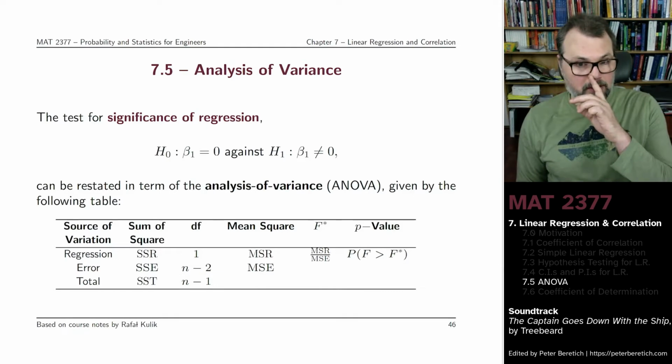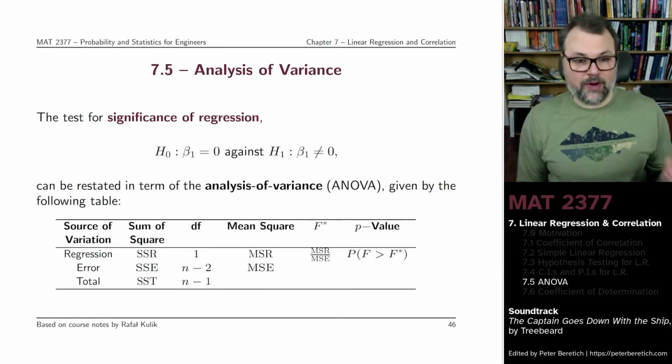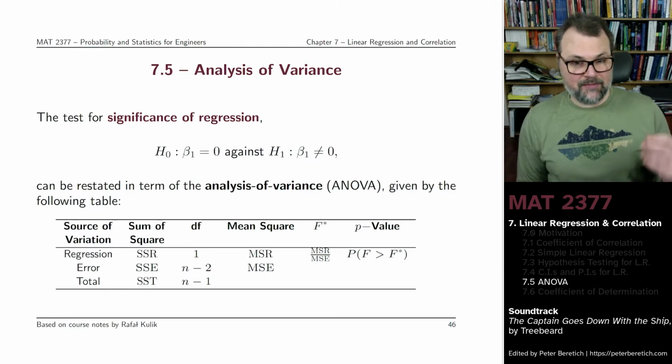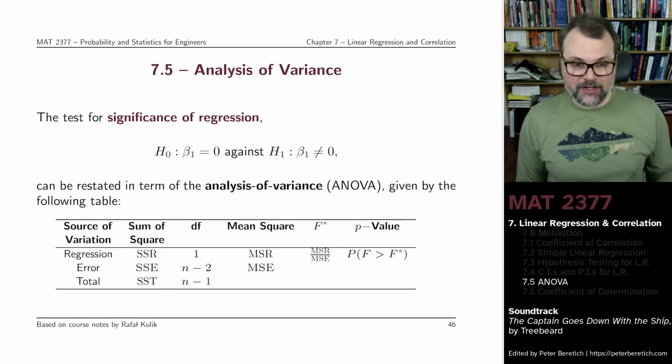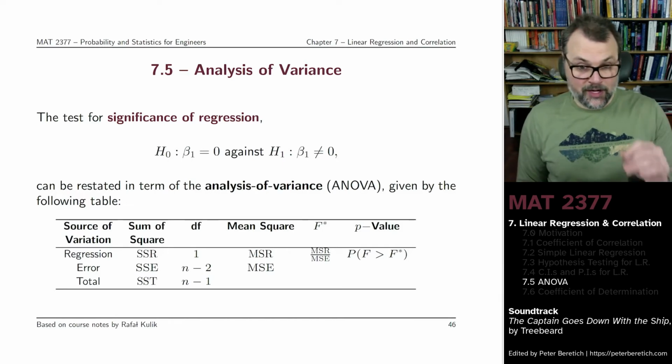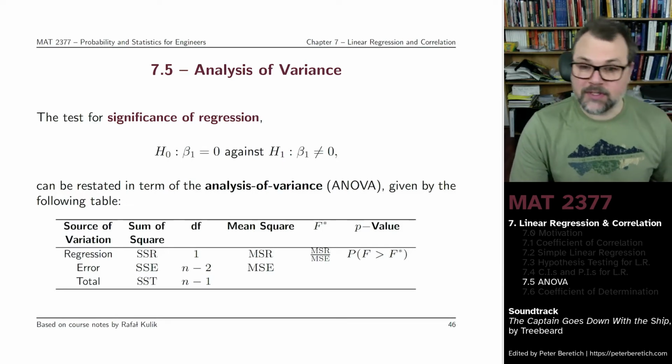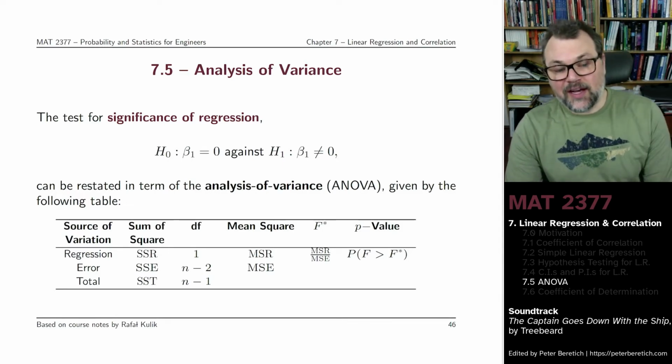Associated with the regression source of variation and the error source of variation, you have a mean square quantity: MSR for the regression, MSE for the error. Mean square regression, mean square error. And these are obtained, we'll see later, by dividing the sum of squares to which they correspond by their associated degrees of freedom.